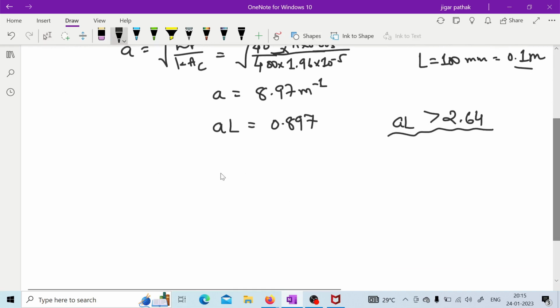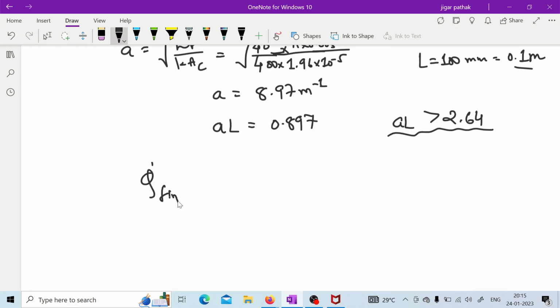So here it is an insulated tip. For that, the heat transfer is given by root of hPkAc, into T naught minus T infinity, into tanh mL, right? tanh mL.